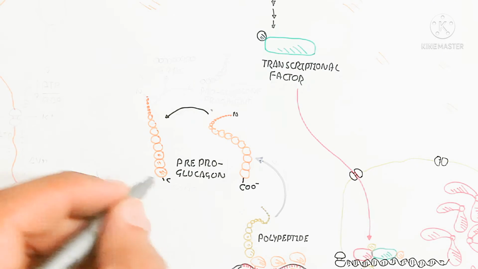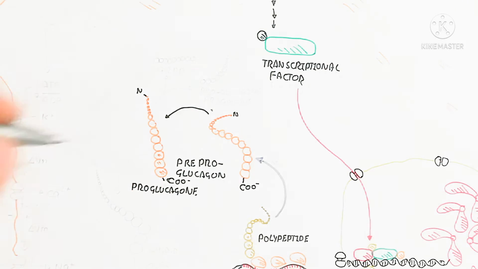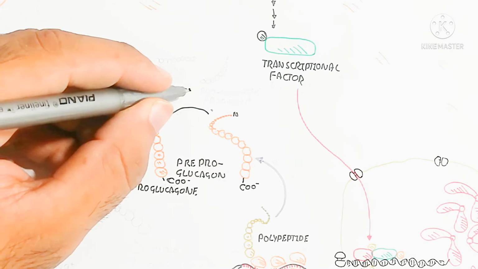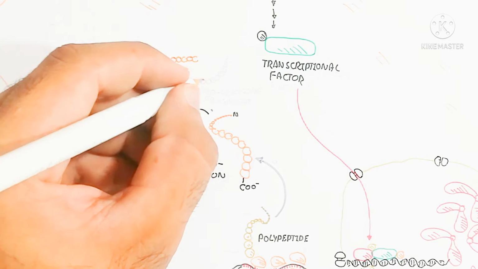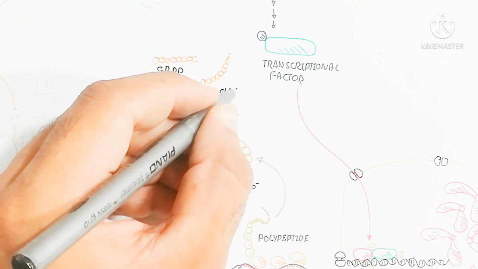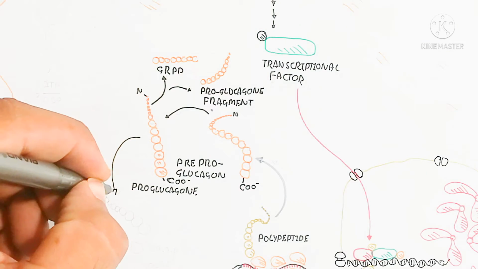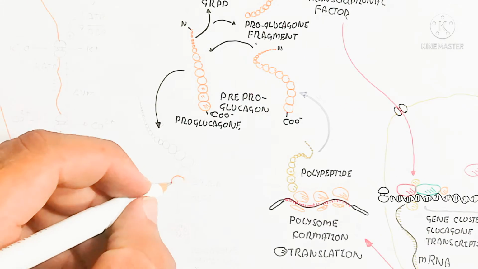This pre-pro-glucagon contains a carboxyl terminus and N terminus. So the pro-glucagon will be produced after the splicing, and an enzyme is used for it, and that converts after the restriction to GRPP and pro-glucagon fragments.